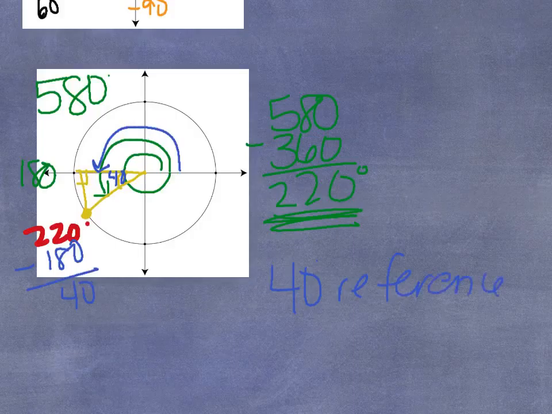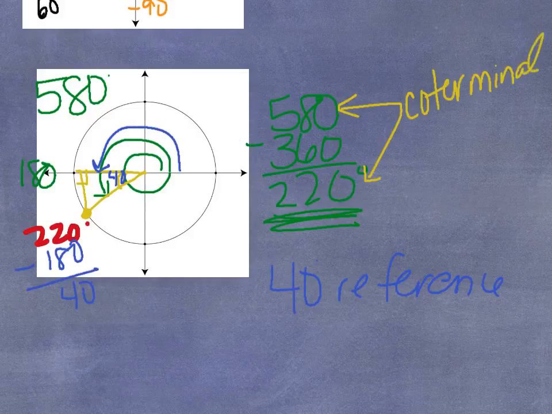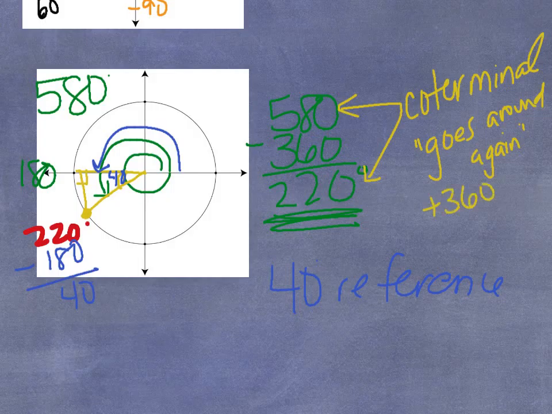Another vocabulary word that we've talked about, but we don't really dwell on it, is the fact that these two angle measures are called coterminal. We just kind of said it goes around again, or it wraps around. You either add 360 degrees to the measure, or you can subtract 360 degrees.